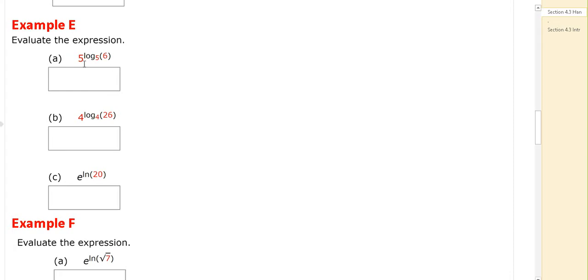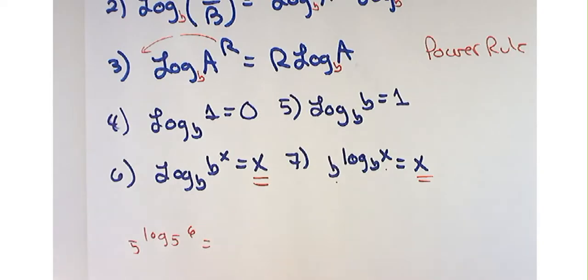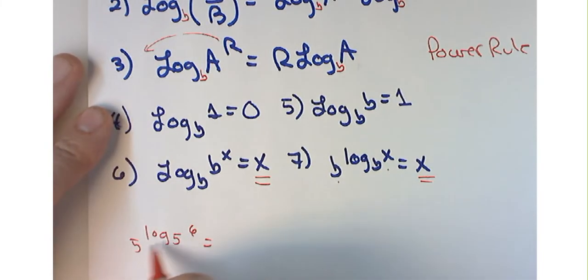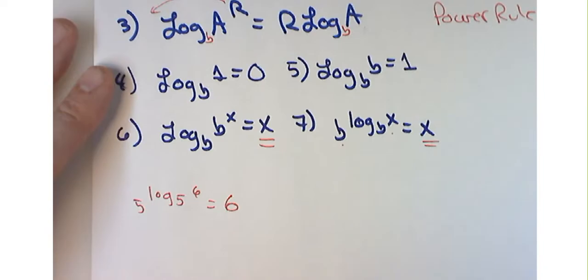So what I want you to notice here, and as I write things here, I'm not sure what it calls. So 5 to the log base 5 of 6. What you should notice is that the base of the exponent and the base of the logarithm match. So 5 to the log base 5 of 6, that's actually going to be kind of challenging to put into your calculator or even Desmos, but the answer is not challenging.